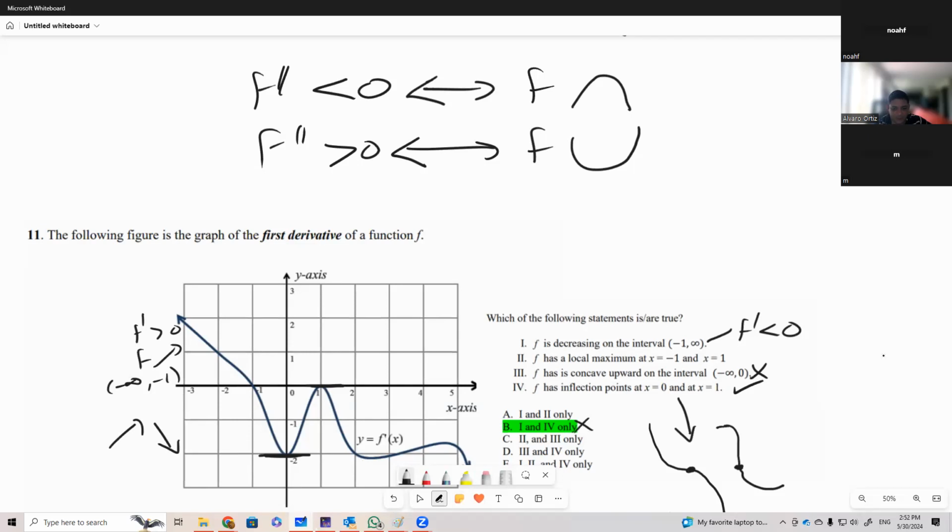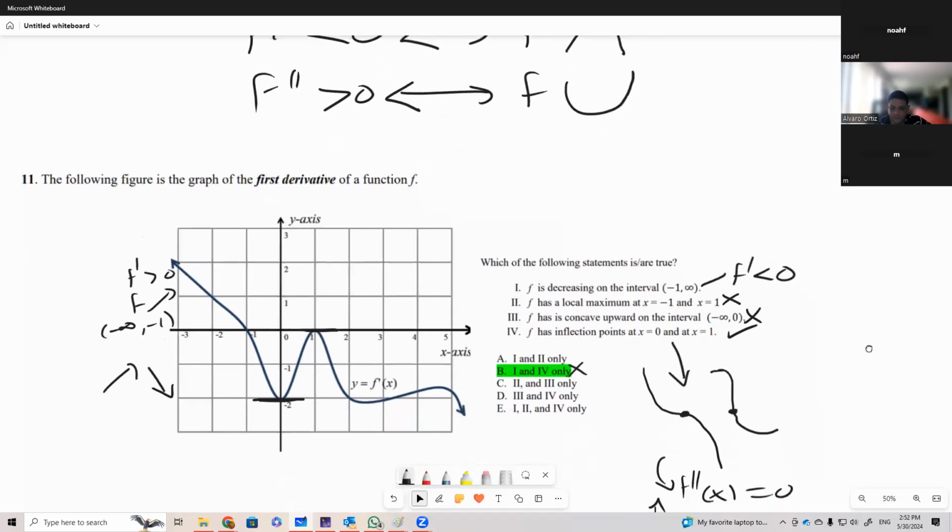So -1 has a local maximum, that is true. At 1, it's not a local maximum because notice that f prime is negative and doesn't change sign. So although it has a local maximum at -1, it doesn't have a local maximum at 1.